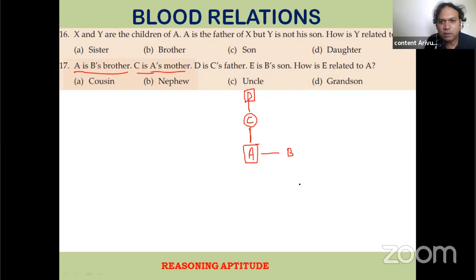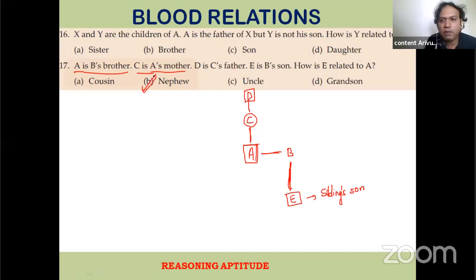And E is B's son. B has a son, E. So how is E related to A? Now look at this here. A has a brother or sister, okay? And that brother or sister has a son. And so E is sibling's son, and sibling's son is called nephew.